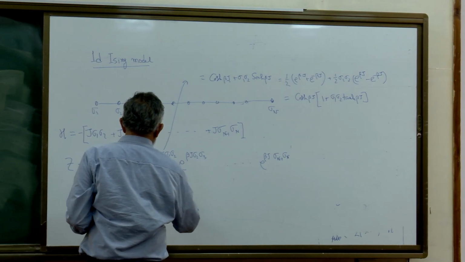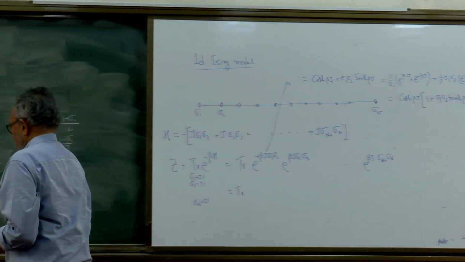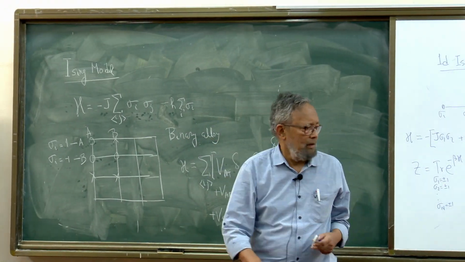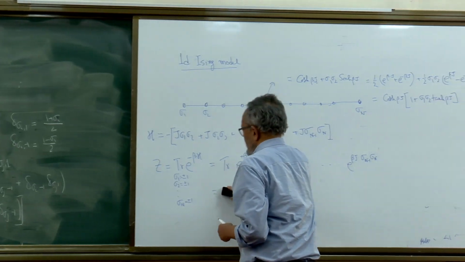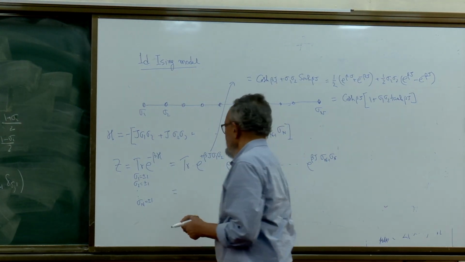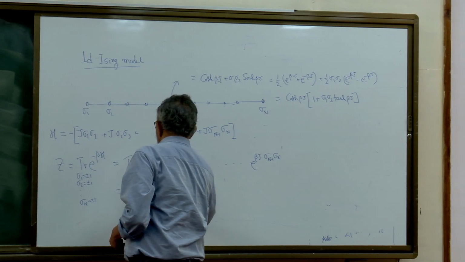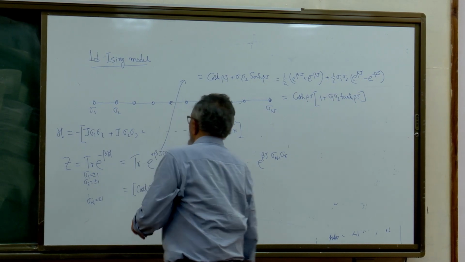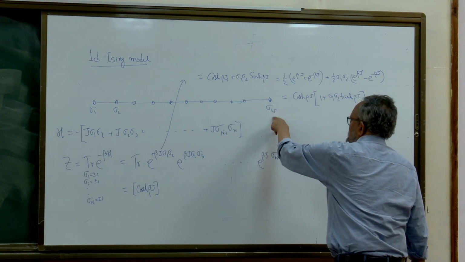Trace, and then, how many terms are there when the total number of sites is N?